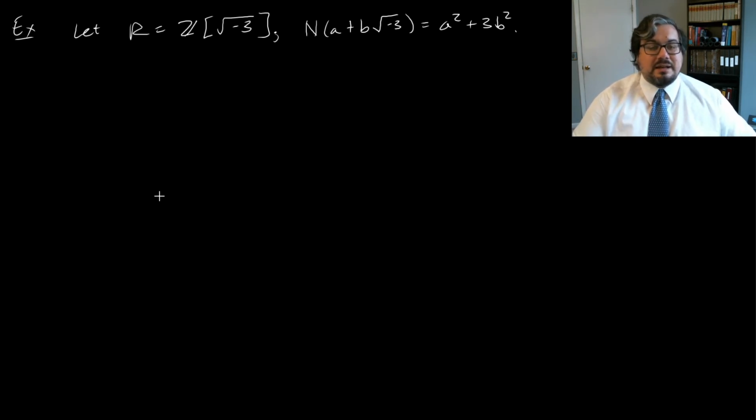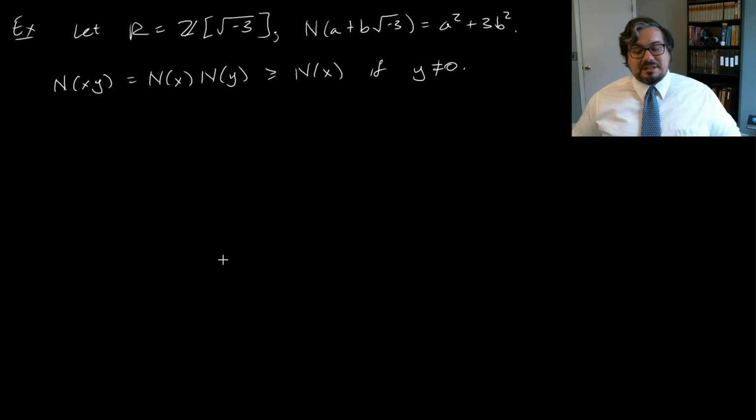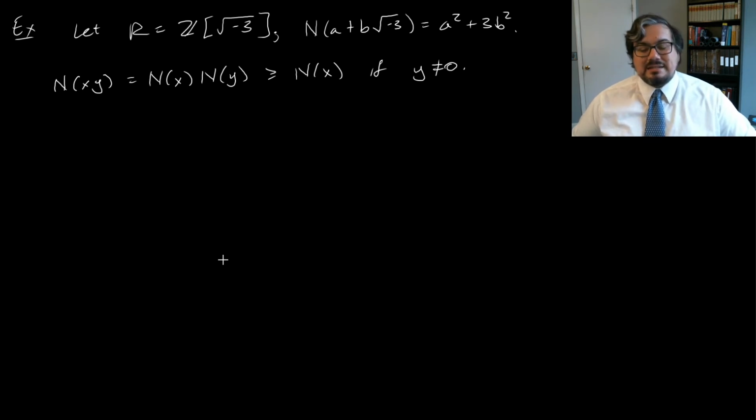This is a natural function, and just like before, we have that the norm of xy is equal to the norm of x times the norm of y, which is greater than or equal to the norm of x if y is not equal to 0. So it satisfies the first condition of being a Euclidean measure. However, it doesn't satisfy the second condition.